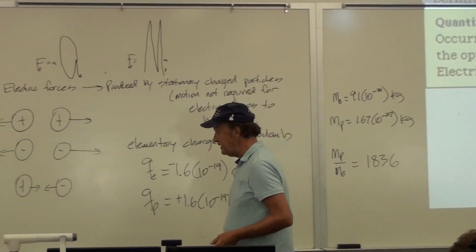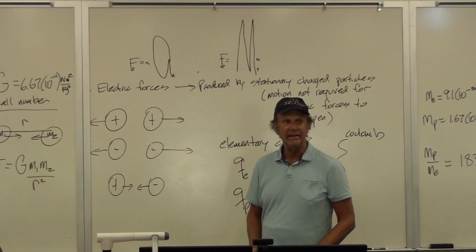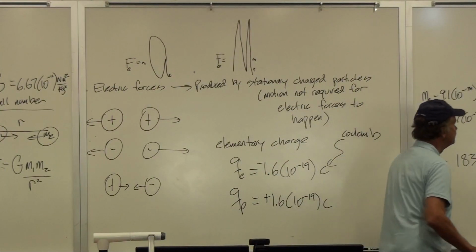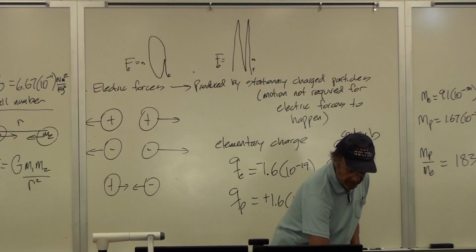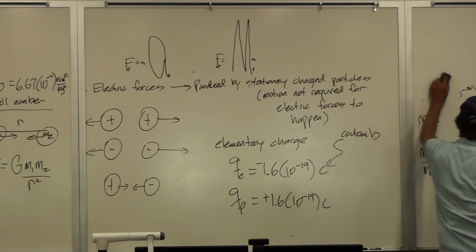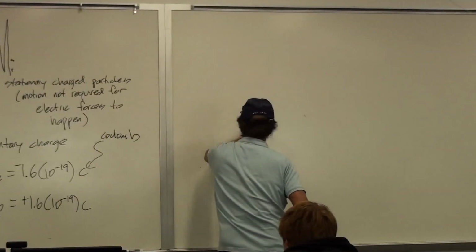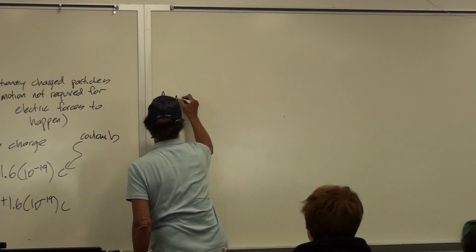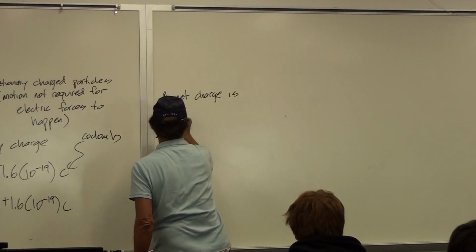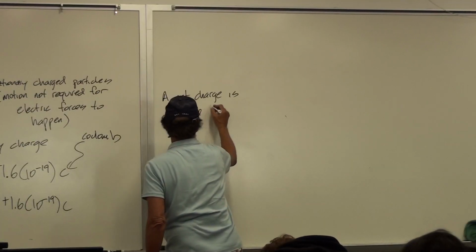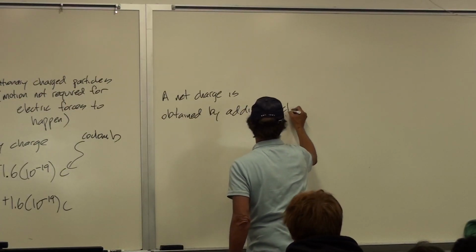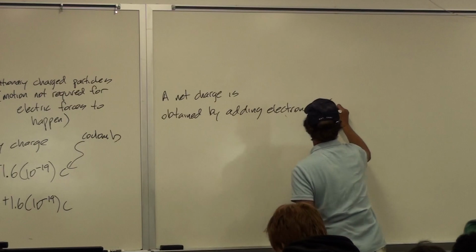So we get a net charge on an object either from taking away electrons or by adding electrons to an object, and not by adding or subtracting protons. That would make it more negative.